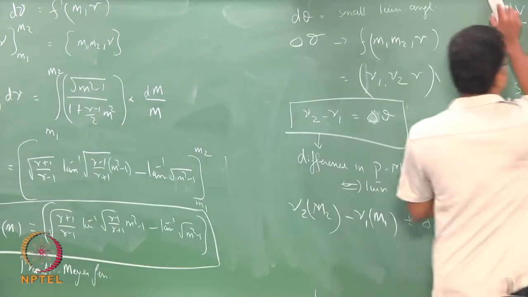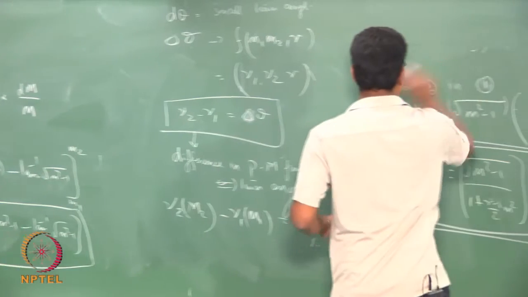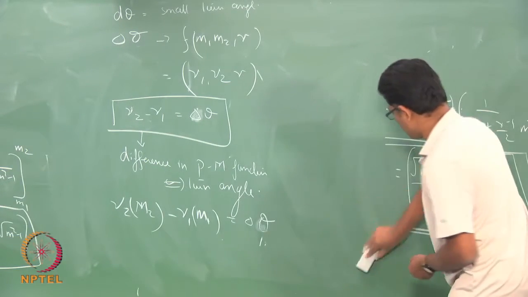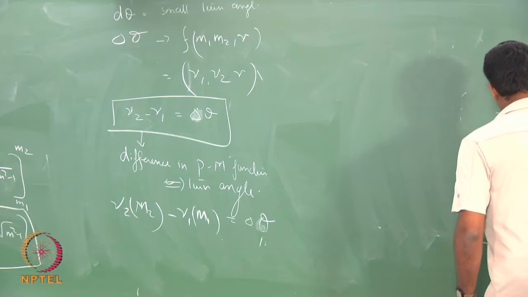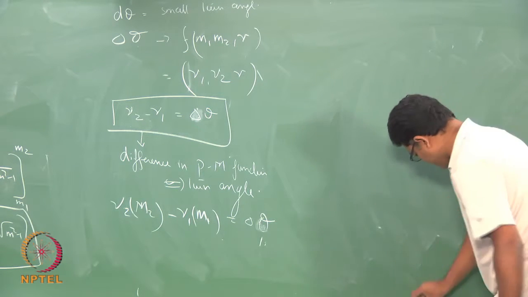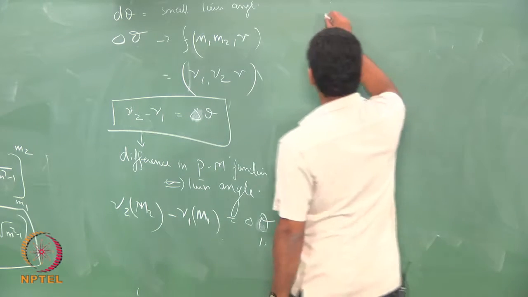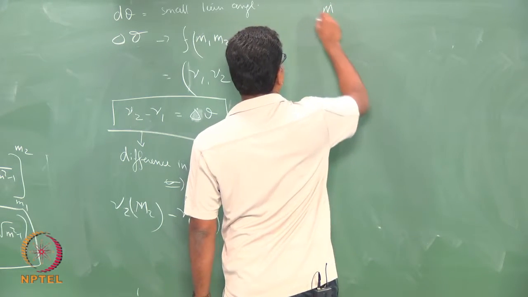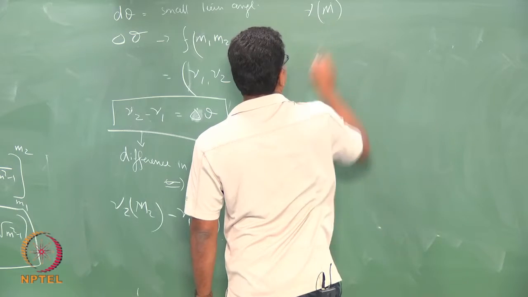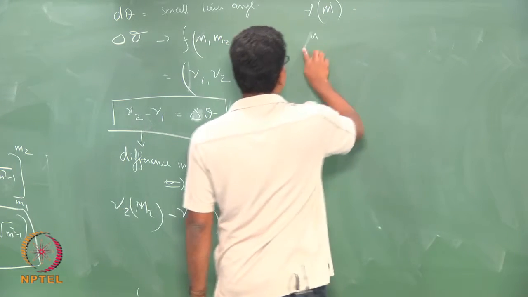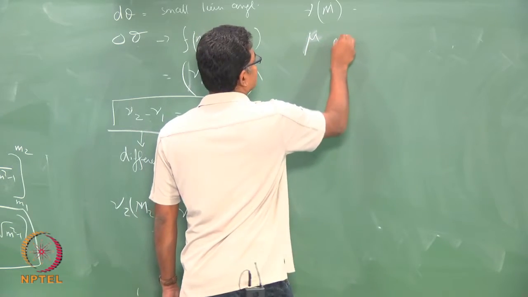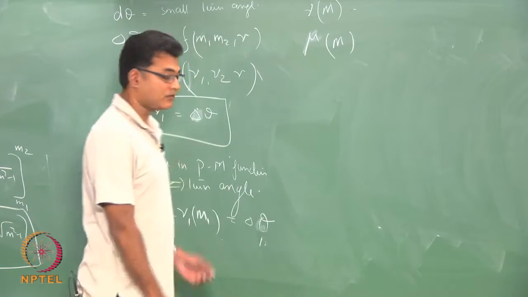So, to demonstrate that, now the quantity nu is a function of Mach number alone. We also know that our Mach angle is a function of Mach number alone.